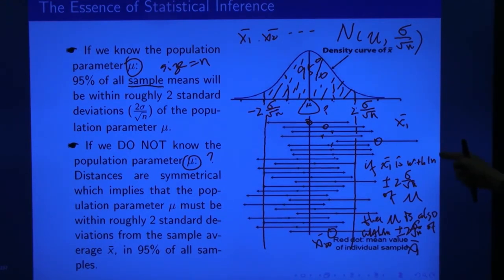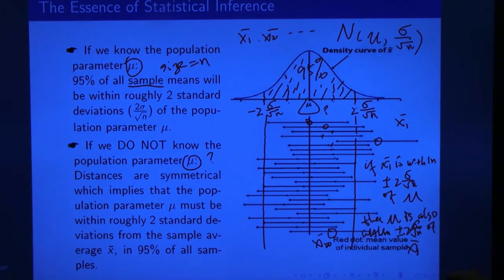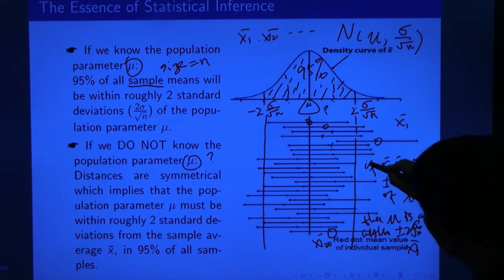The distance from x1 bar to mu equals the distance from mu to x1 bar. We already know this from that point. Then this is our inference. So let me repeat this.